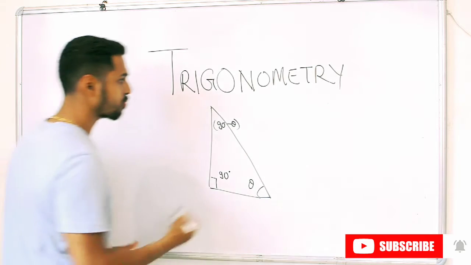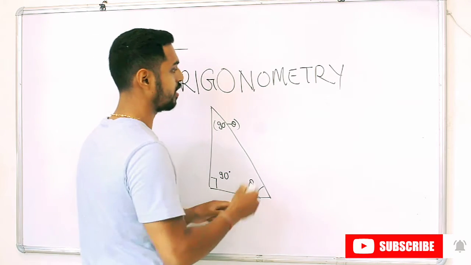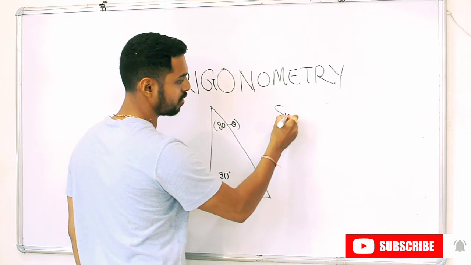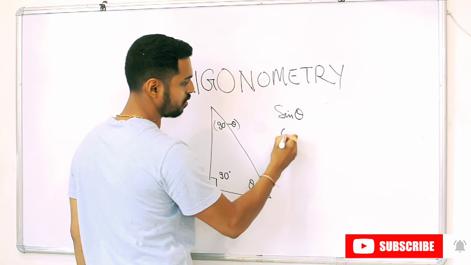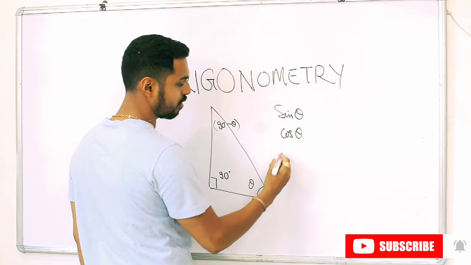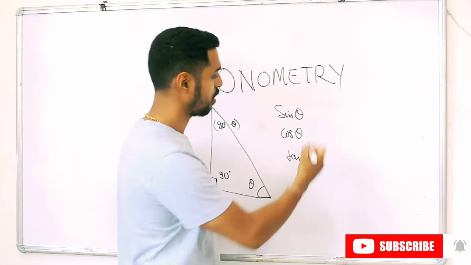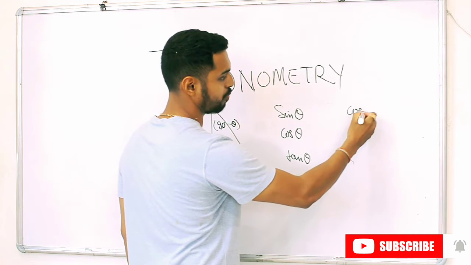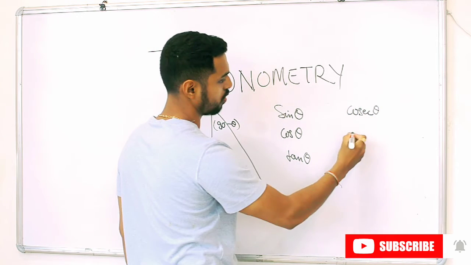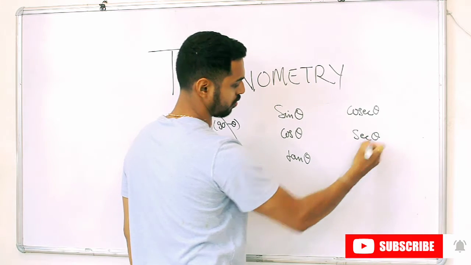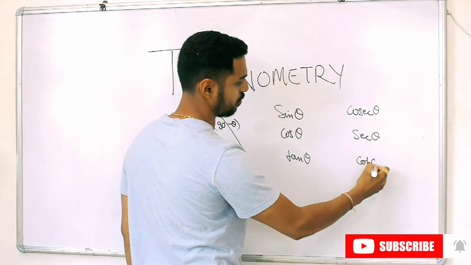So we have basically 6 ratios, which are sin theta, cos theta, tan theta, cosec theta, sec theta and cot theta.